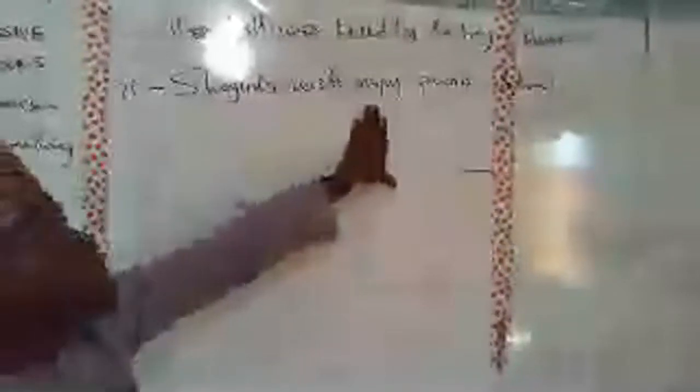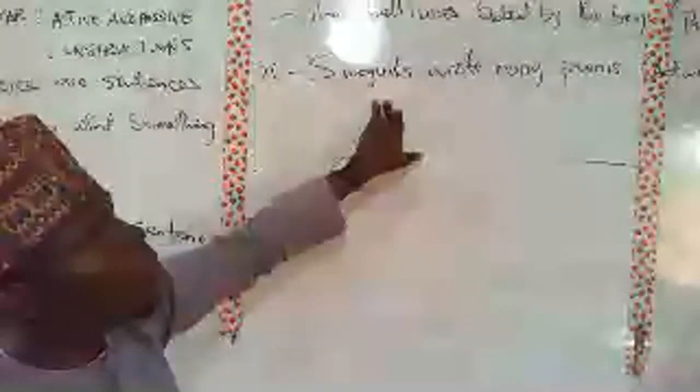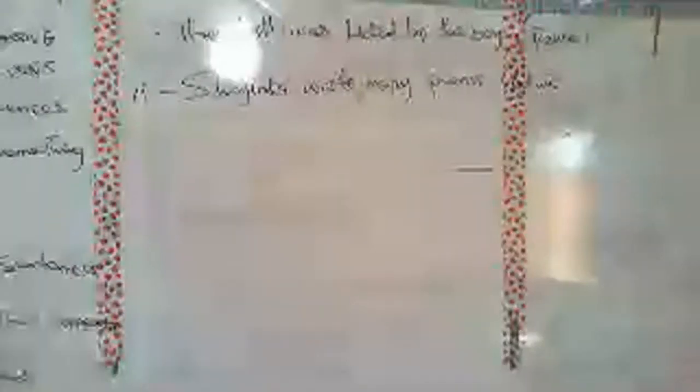Soyinka wrote many poems. As in the first example I gave you, if you are to change this particular sentence to passive voice, don't forget what you are going to do. Just bring the object to the position of subject. How do you do that? Just write it like this.